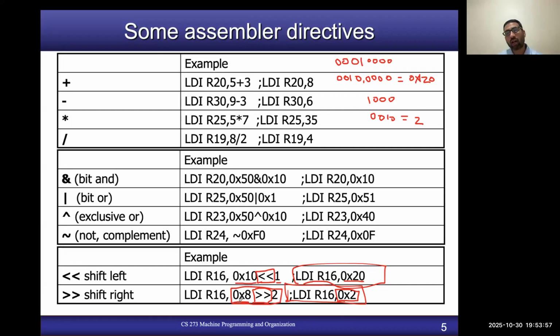The assembler will first perform this operation on your host machine, which is, let's say, your Apple laptop, and replace it with 0x2, and then send this instruction, load immediate R16 comma 0x2, to the microcontroller when you load that program on the Arduino board. Okay. Any questions here?